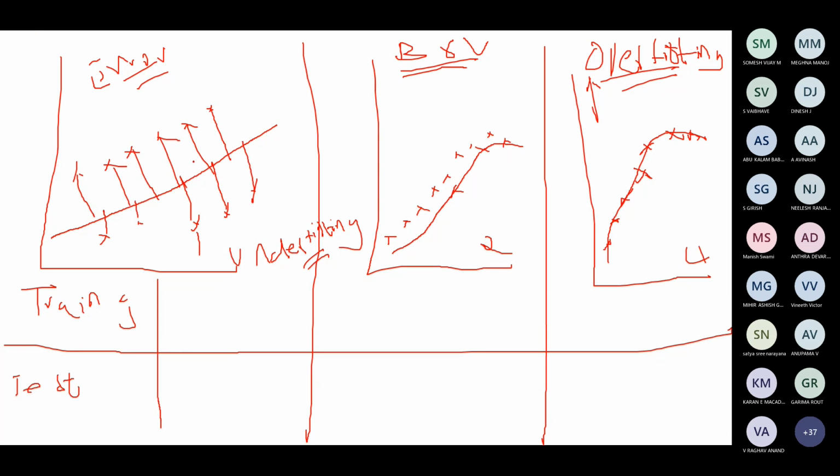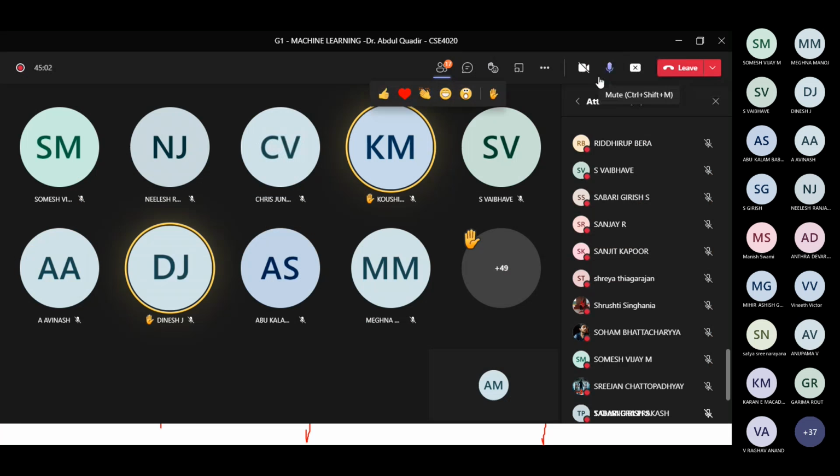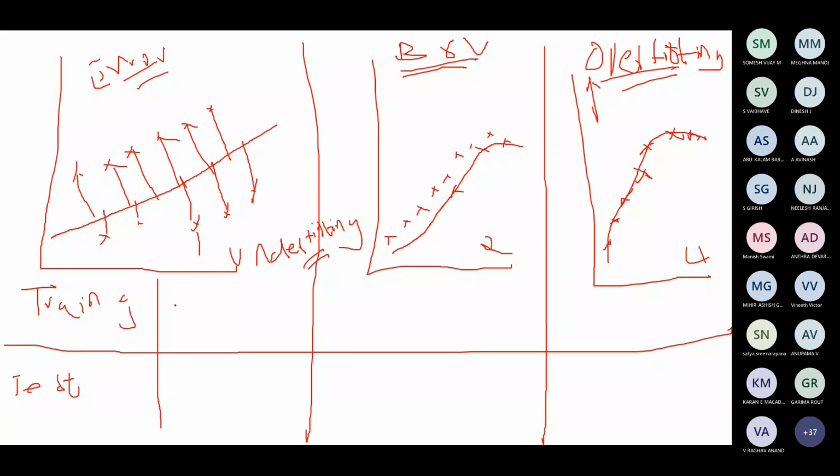Okay. Now, training error is what, students? Very high over here. And the training error is very low over here. Then what about this particular model?